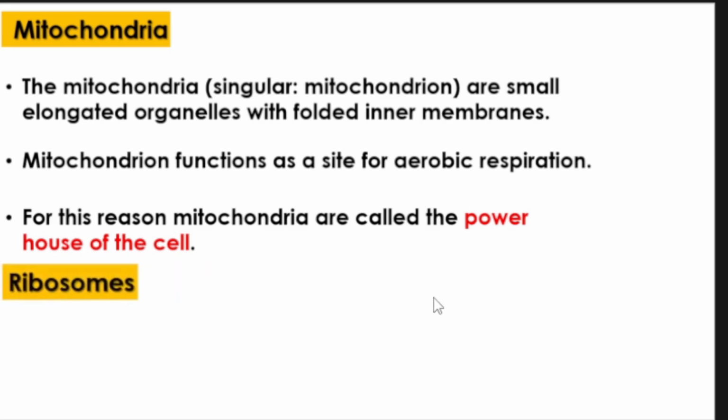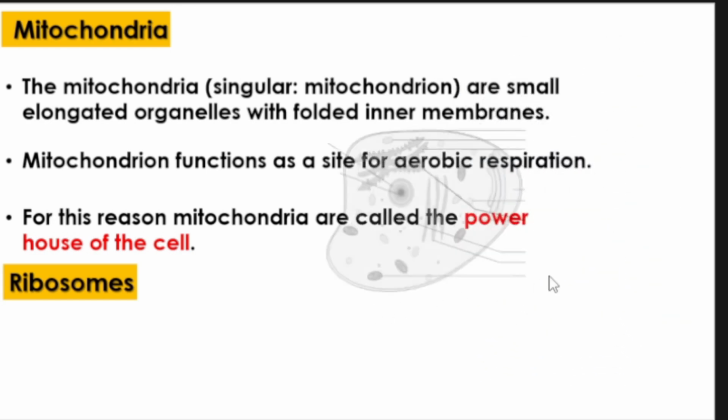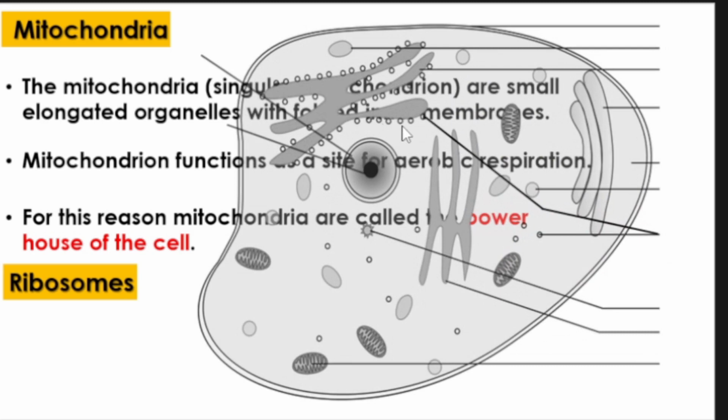So the next part we are going to look at is the ribosomes. For the plant cell, the ribosomes, we said, are these small particles, also found on the rough endoplasmic reticulum. And for the animal cell, these small particles here are called the ribosomes.